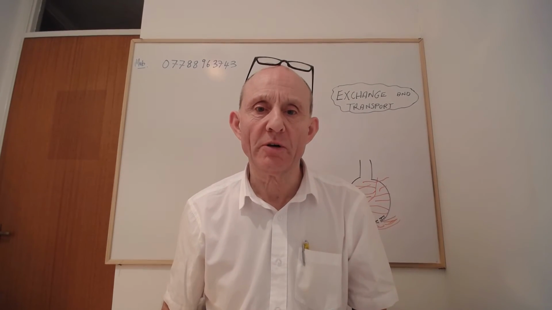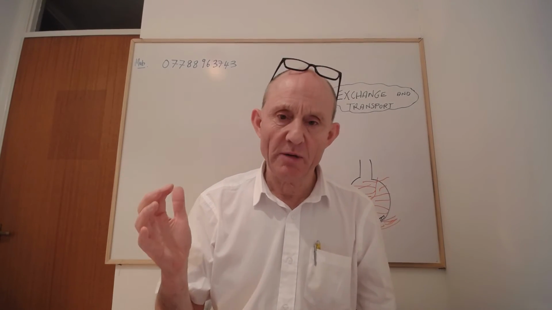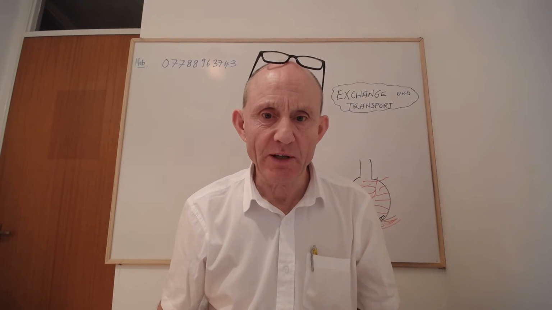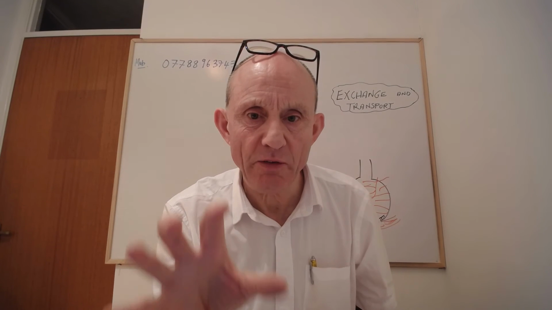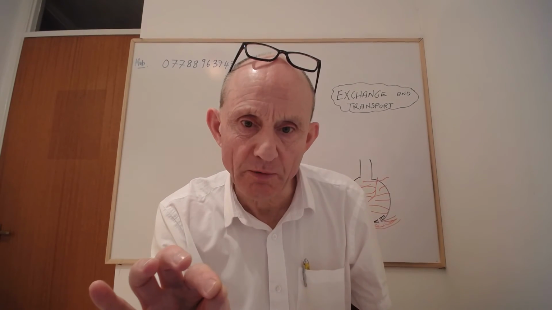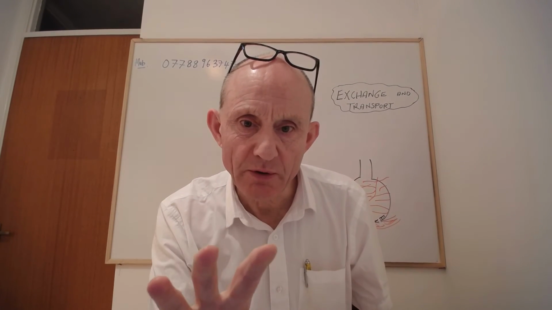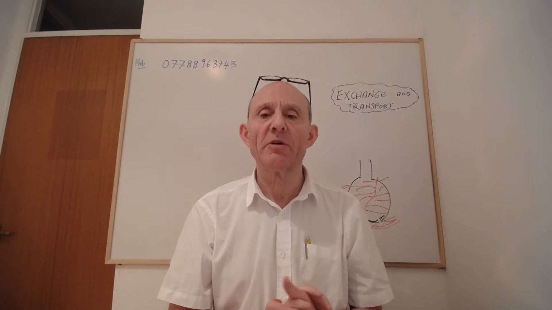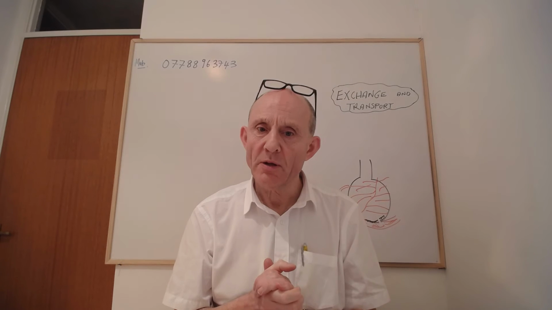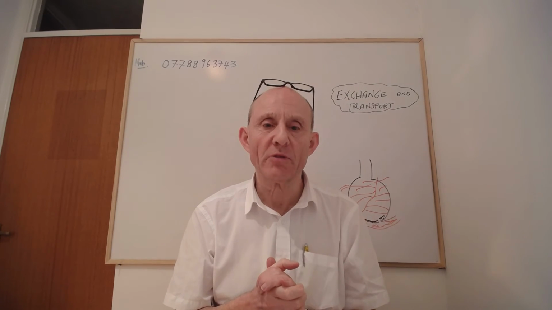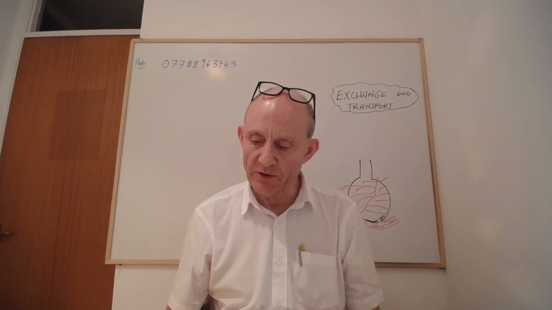So if you had oxygen trying to make its way into the cells of the leaf, the oxygen would diffuse in through the stomata into the air spaces, and then it would dissolve in the water on the surfaces of those spongy mesophyll cells. So note once again that the surface across which diffusion takes place must be wet. So the surfaces of those spongy mesophyll cells will be wet.